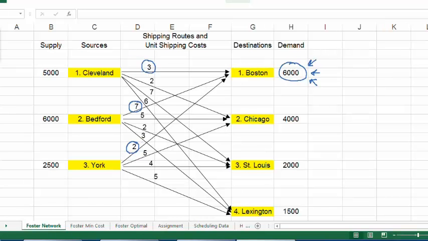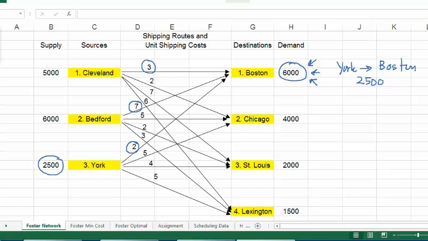So we would say, let's send as much as we can from York to Boston. We're going to use that route. Now, can we get all 6,000 from York? No, there's only 2,500, so we can only send 2,500 from York to Boston.